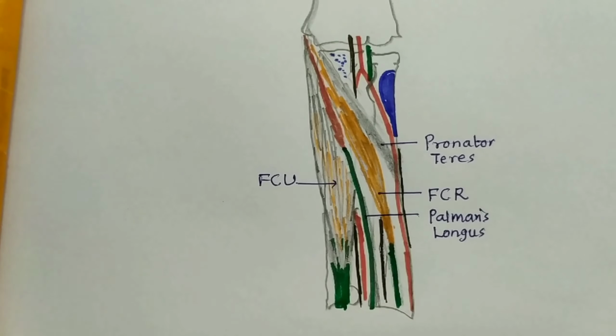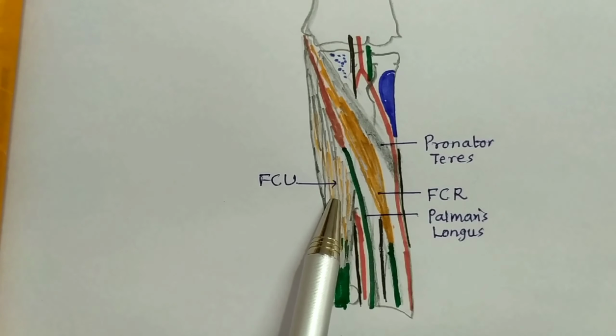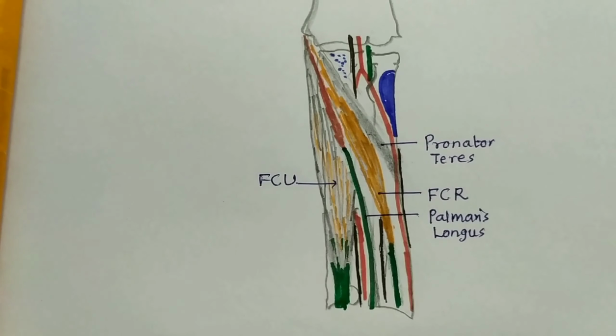Means out of the 8 muscles in the flexor compartment, median nerve supplies 6.5 muscles, that is 4 superficial and 2.5 deep, while the ulnar nerve supplies 1.5 muscles, 1 superficial, that is flexor carpi ulnaris, and medial half of flexor digitorum profundus.